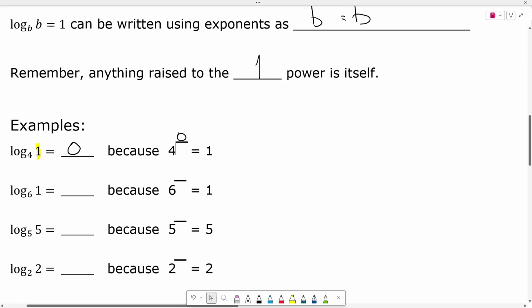Log base 6 of 1, that one also is still 0 because 6 to the 0 power is 1. Here, as long as the base and our number we're looking for, as long as those two things are the same, then the answer is always going to be 1. And the same thing right here.